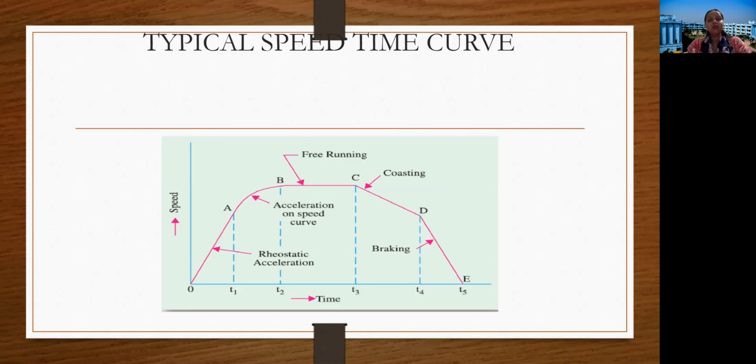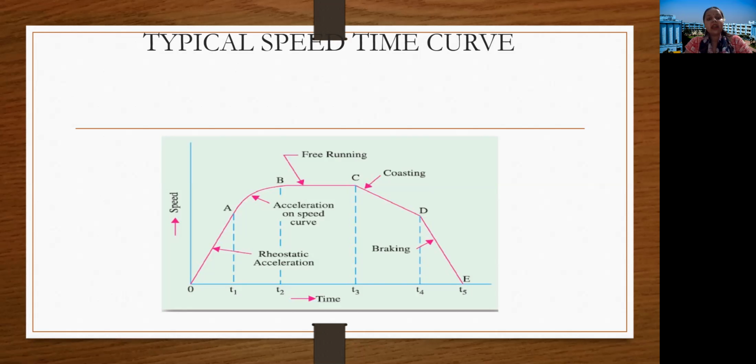Through some resistors. The supply is not directly fed to the motor; it is fed through some starter, and the resistors that are connected in the starter. What happens? The supply handle gets notched over that particular resistor. So this acceleration is generated with the rheostatic process, and so the interval 0 to t1 is known as rheostatic acceleration.